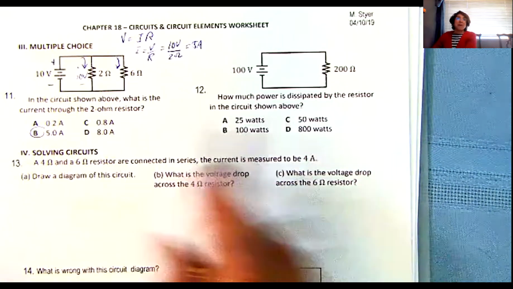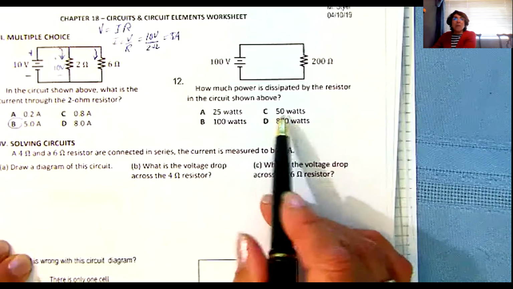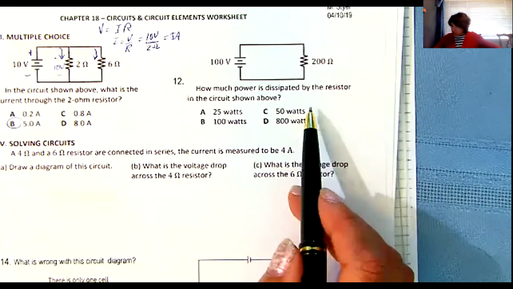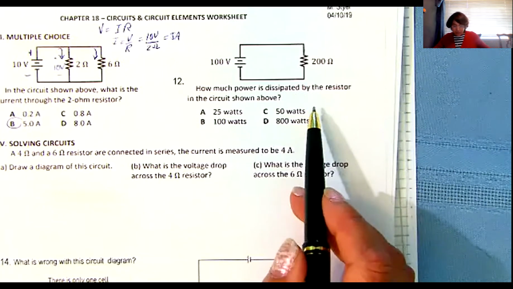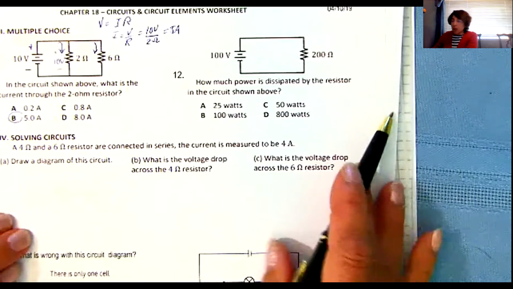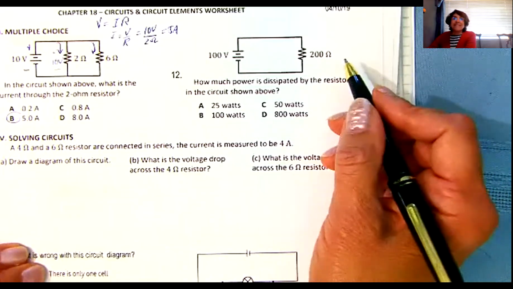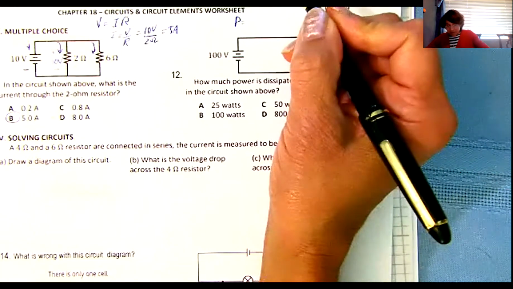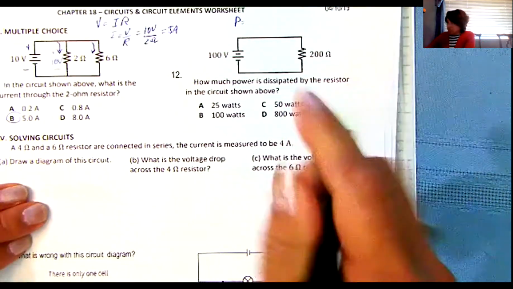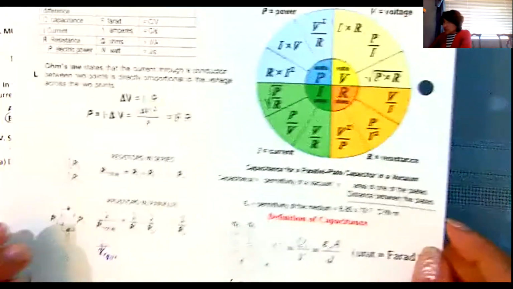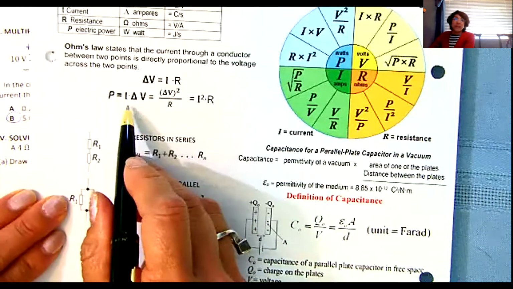Okay, Sergio, you're up. Here we go. How much power is dissipated by the resistor in the circuit shown above? All right, so Sergio, what equation do you know for power? Here we go. You got a couple choices.